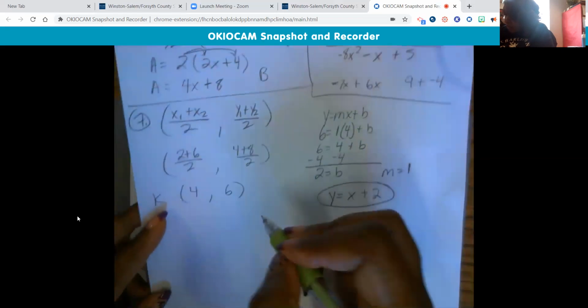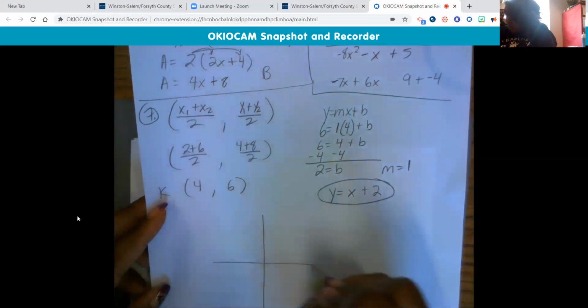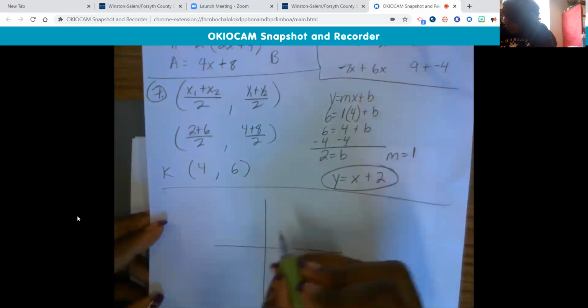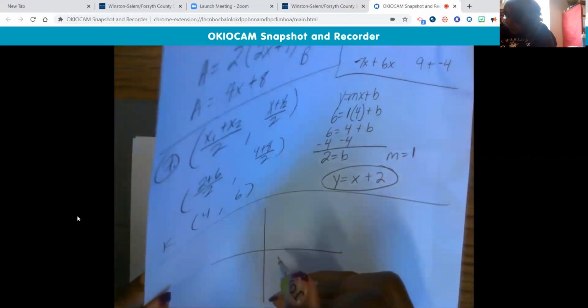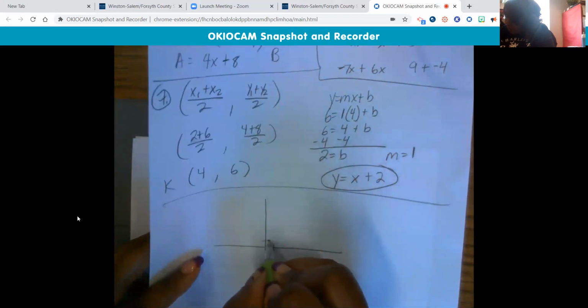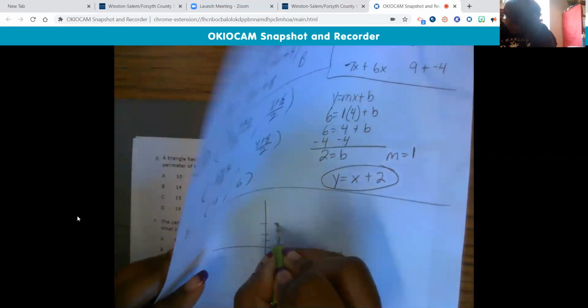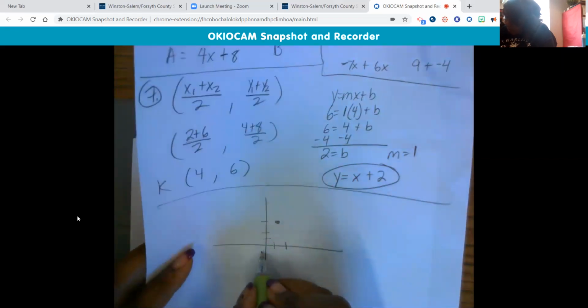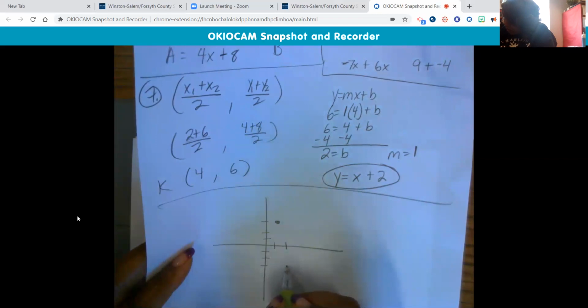Or you can use graph paper and graph these, but I don't even have graph paper handy. I should have printed some, but I didn't. I'm sorry, y'all. 1, and then 1, 2, 3. Then we have 2, and then down 1, 2, 3.